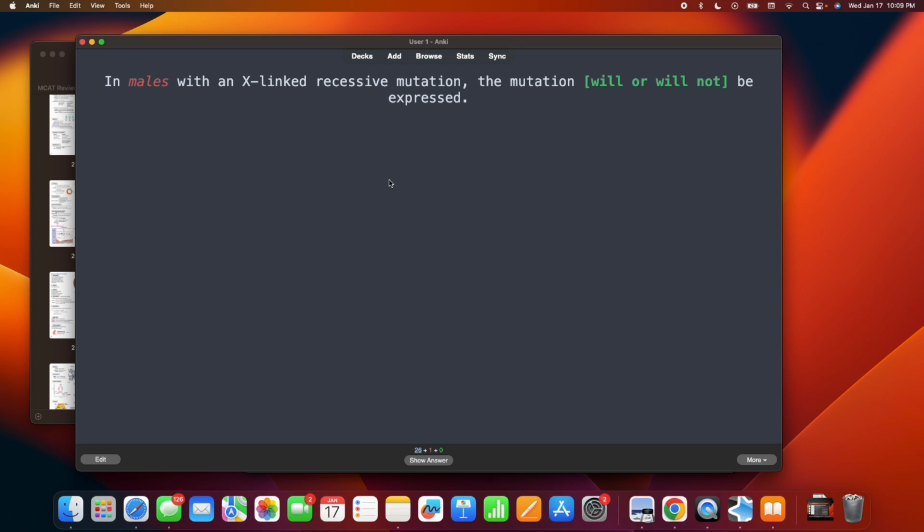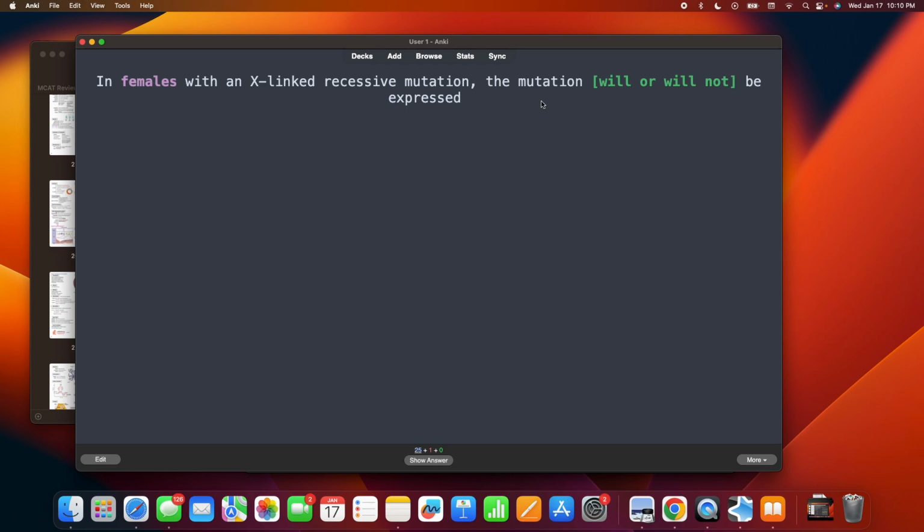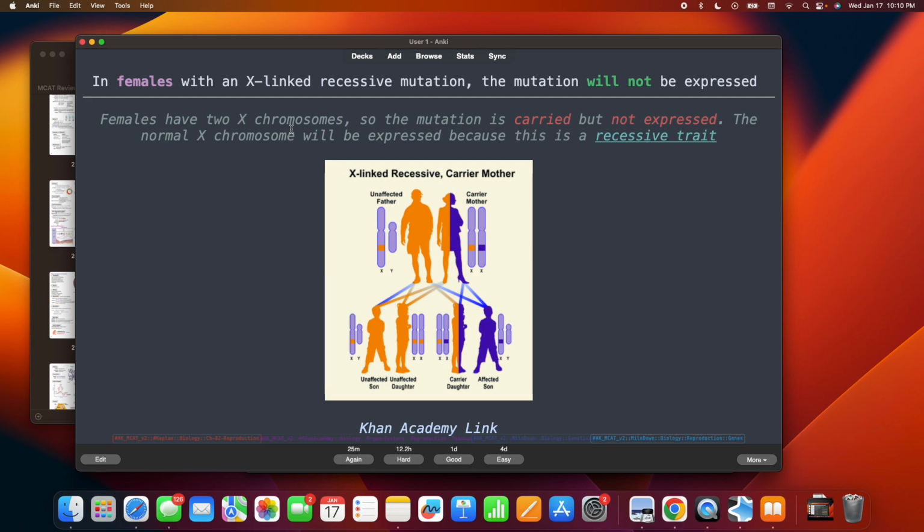In males with an X-linked recessive mutation, the mutation will be expressed. This is because males only have one X chromosome. In females with X-linked recessive, the mutation will not be expressed. Females have two X chromosomes, so the mutation is carried but not expressed. The normal X chromosome will be expressed because this is a recessive trait.